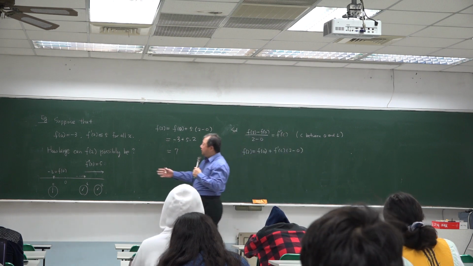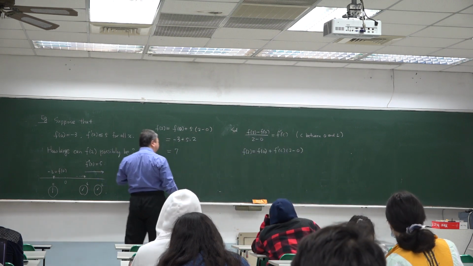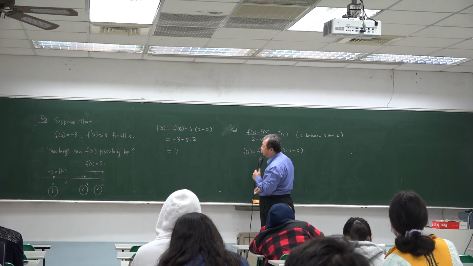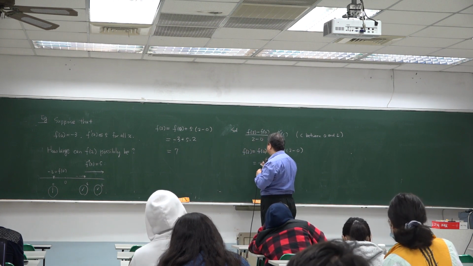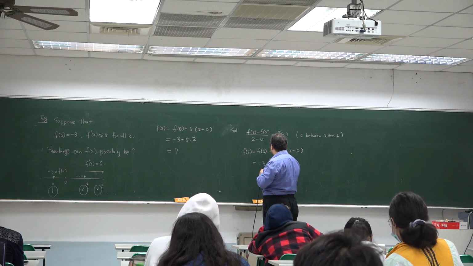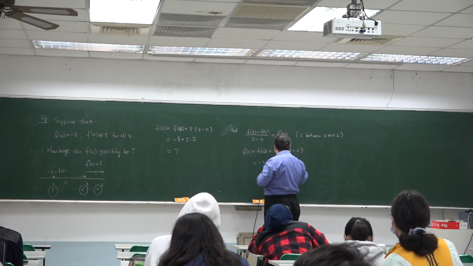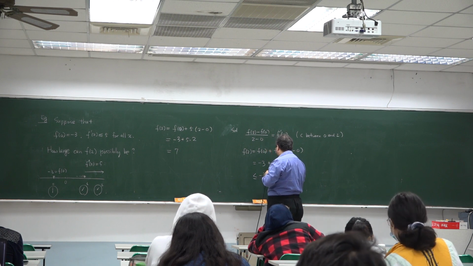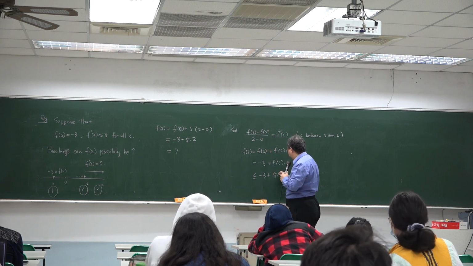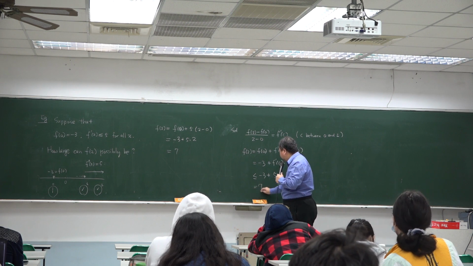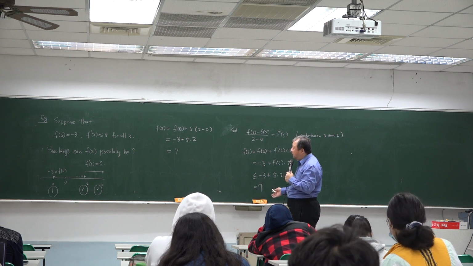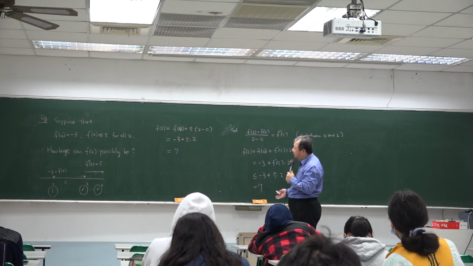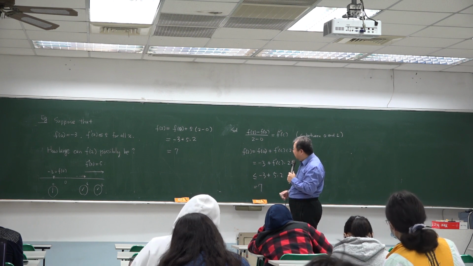By this condition, f prime of x is less than or equal to 5, and f(0) is -3. So 7 is an upper bound of f(2).